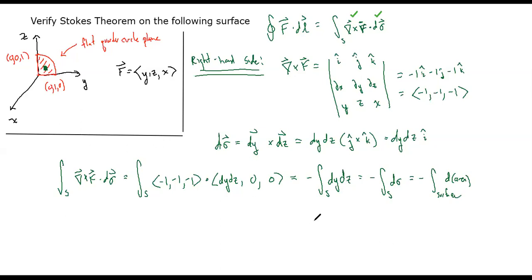What is this? It's whatever the area value is, just negative. Yeah, and this is a quarter of the unit circle, right? So the unit circle itself is pi, so this is pi over 4, so that's minus pi over 4.